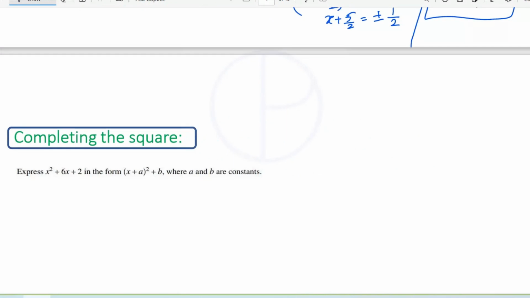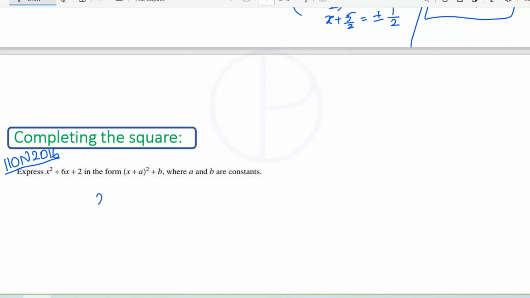For example, let's do this question. This one is from the paper 11 ON 2016. Express x square plus 6x plus 2 in the form x plus a the whole square plus b, where a and b are constants.